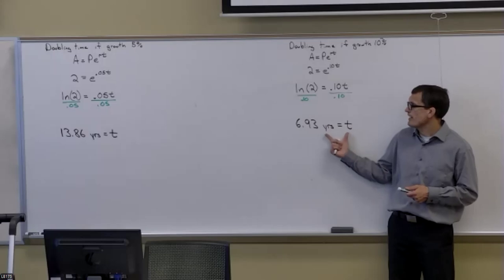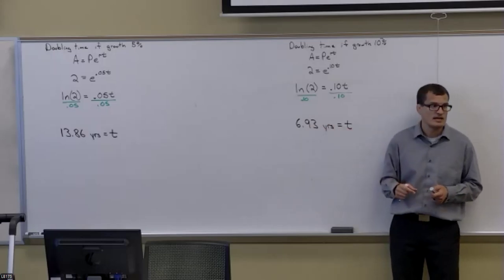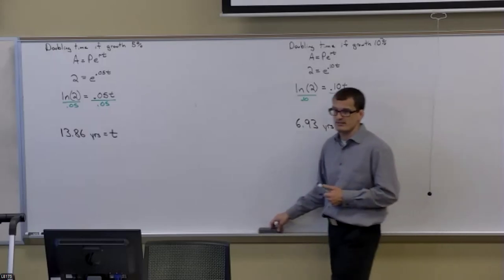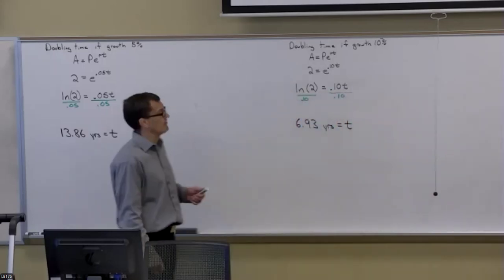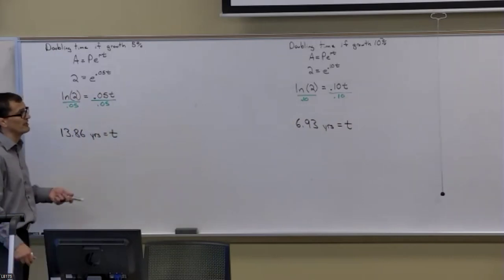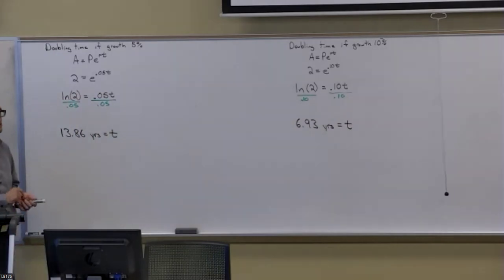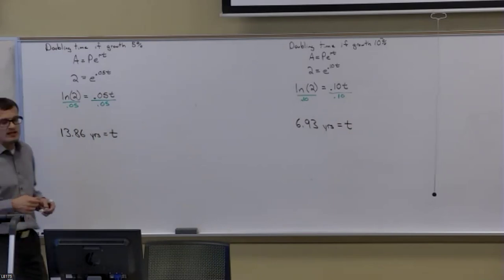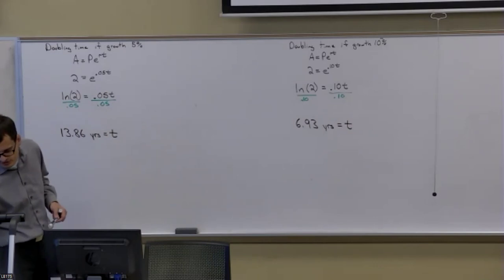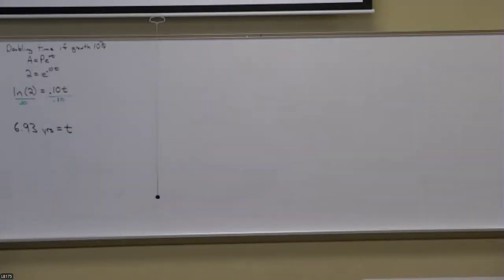But my point is, the time it took to double gets cut in half. And that's a really, really big deal. If you think about doubling over 14 years versus doubling over 7 years, big difference. Now, the calculations with these doubling times are pretty straightforward. There's actually a thing in finance called the rule of 70.